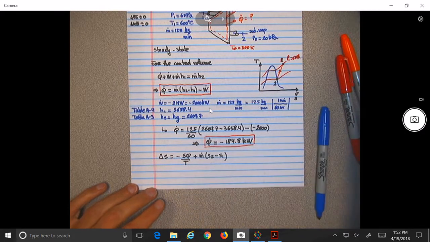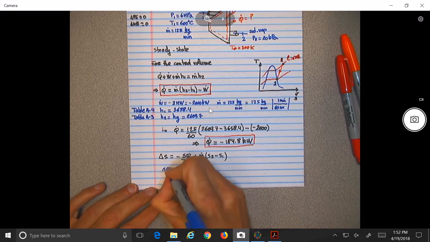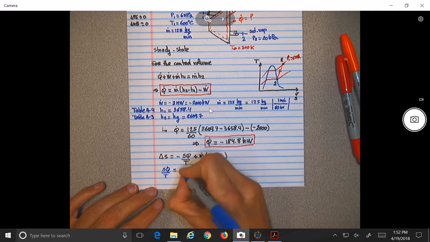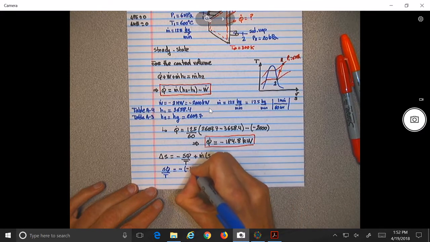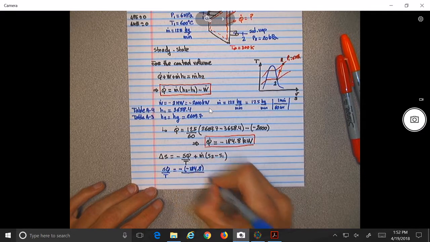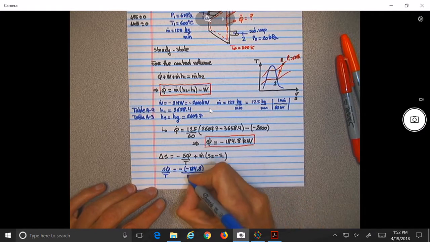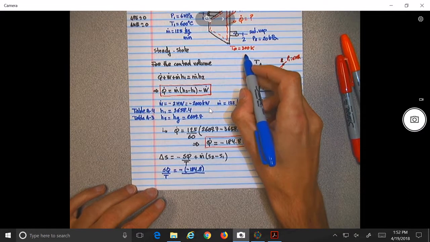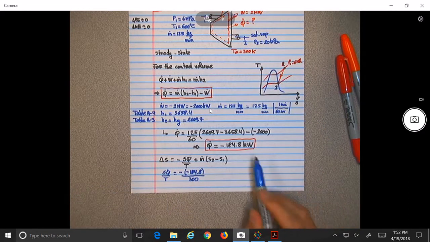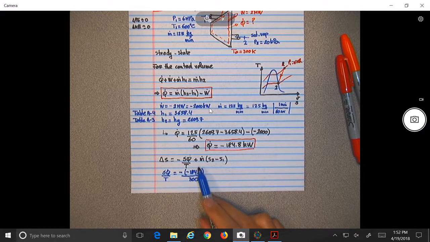This delta Q here is equal to what? So delta Q over T will be equal to what? Minus 184.8 now divided by what temperature? The T of the surrounding, no? Which is 300. Now M is the same as before.